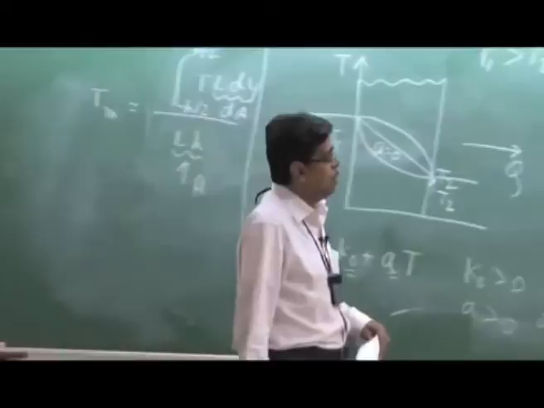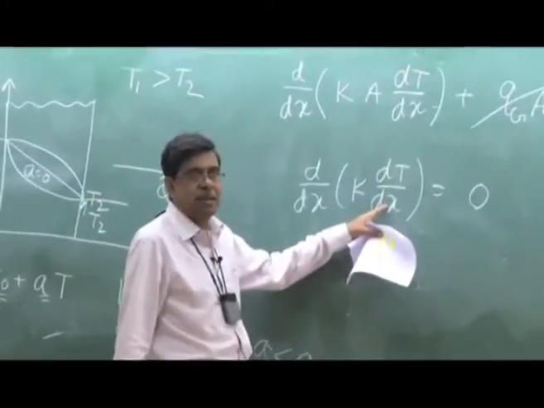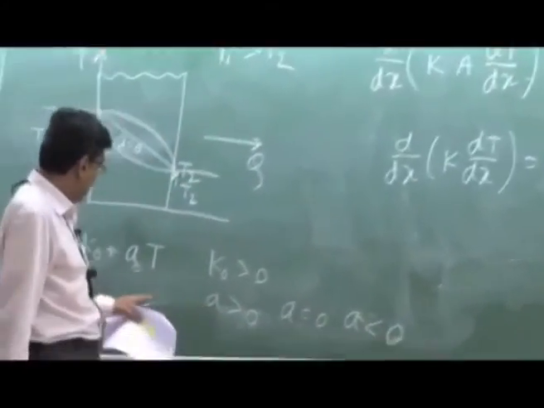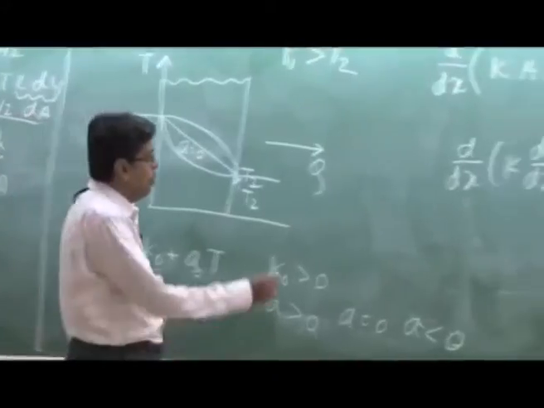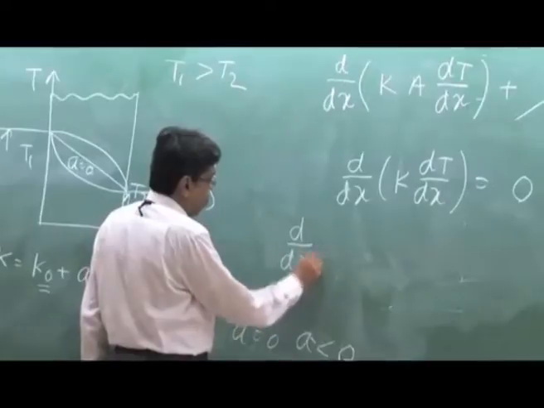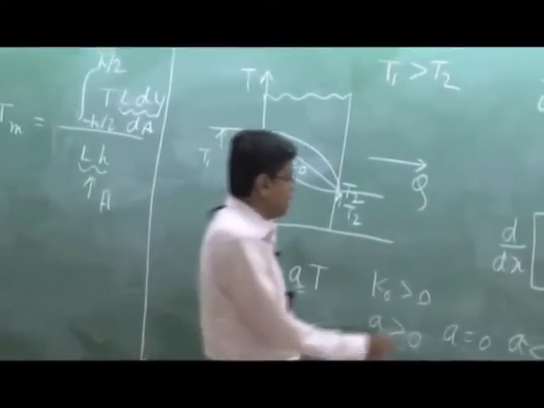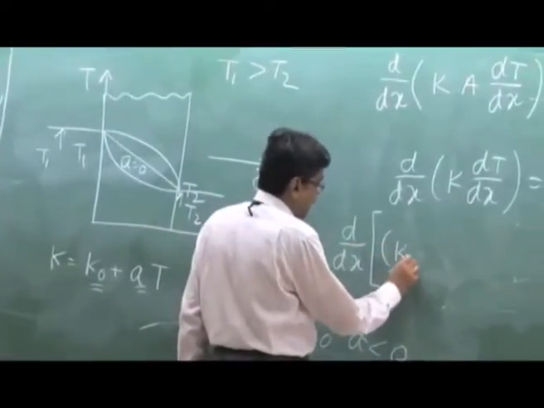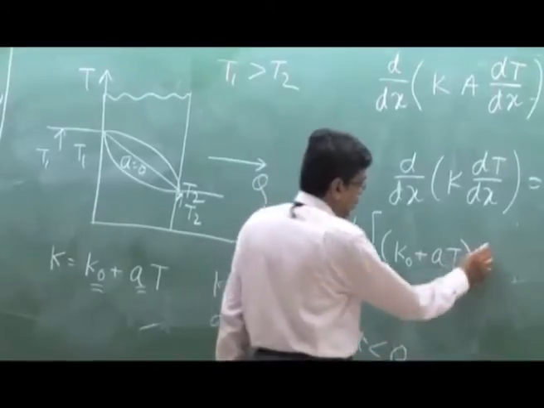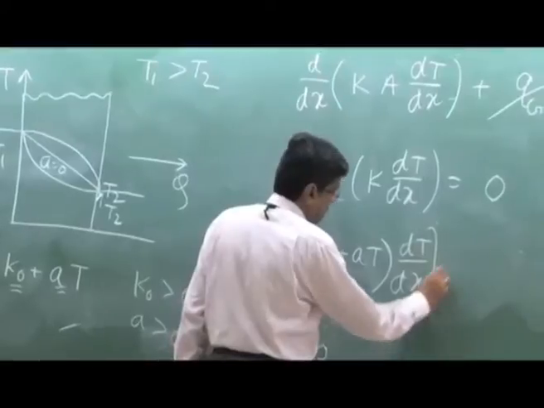To do this, we have to find out the variation of dT/dx by putting the value of K as a function of temperature. So therefore, we will do that. d/dx of (K0 + A T) into dT/dx is equal to 0.